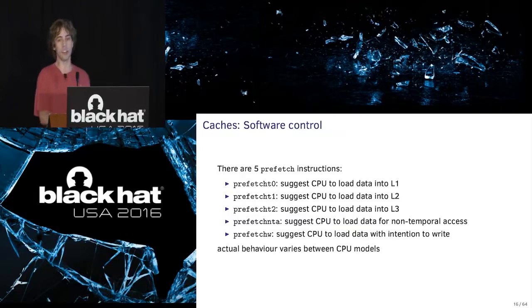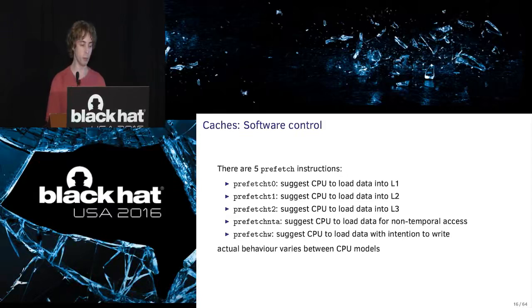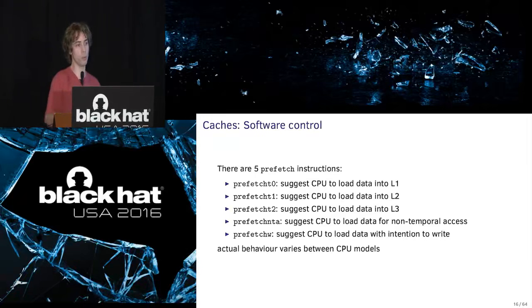When we talk about prefetch instructions, actually there are 5 prefetch instructions. First we have the prefetch T0 to T2, which give different sort of hints where the data should be loaded. And as a rule of thumb, you can say that the T2 instruction will fetch it rather to the level 3 cache, whereas the T0 instruction will rather fetch it to a cache that is closer to the execution core.